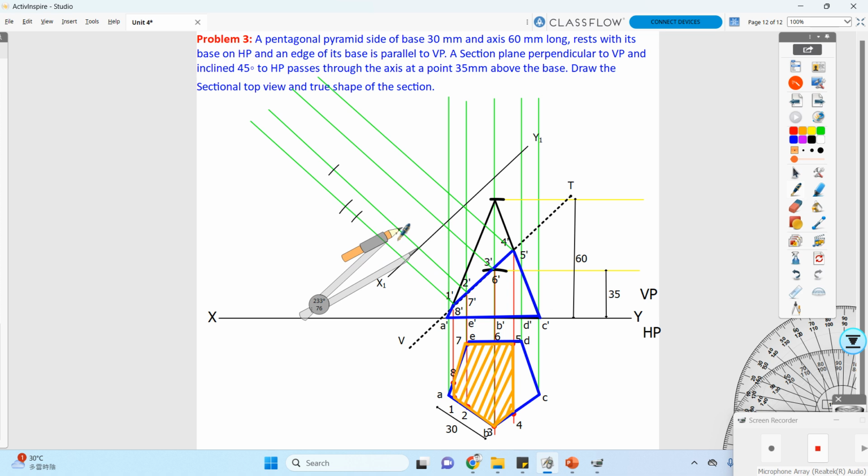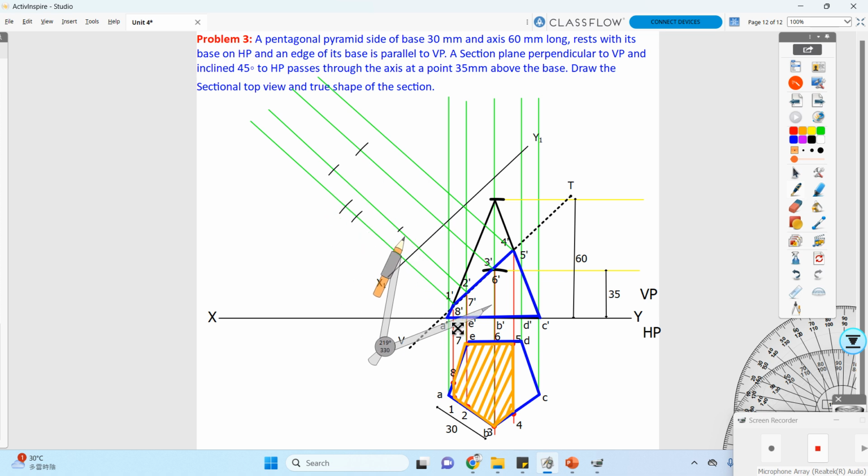over here. Okay, then once again I am going to place it on my axis, rotate my compass and measure the distance from the axis, that is the axis line from my reference, and keeping it over here on the third point, rotating my compass and cutting the arc over here.